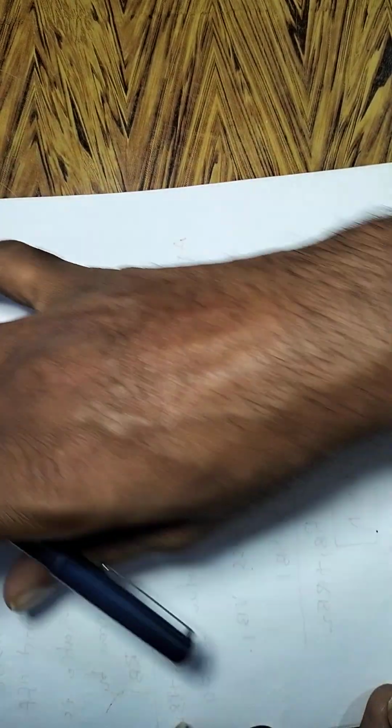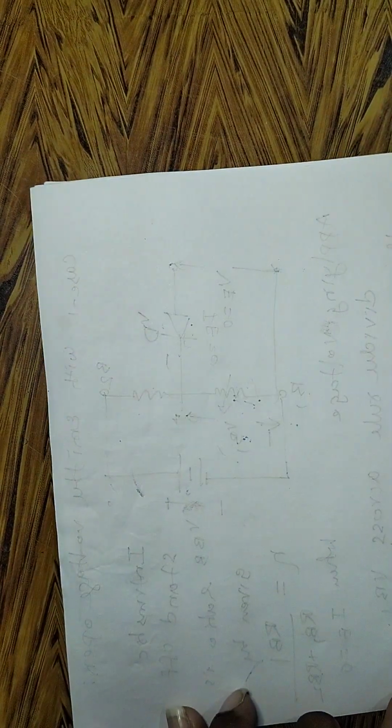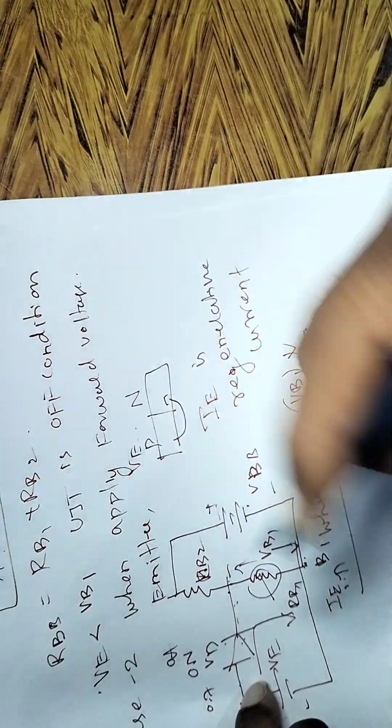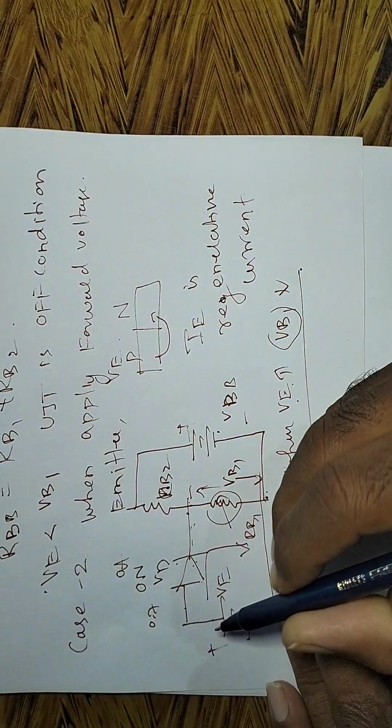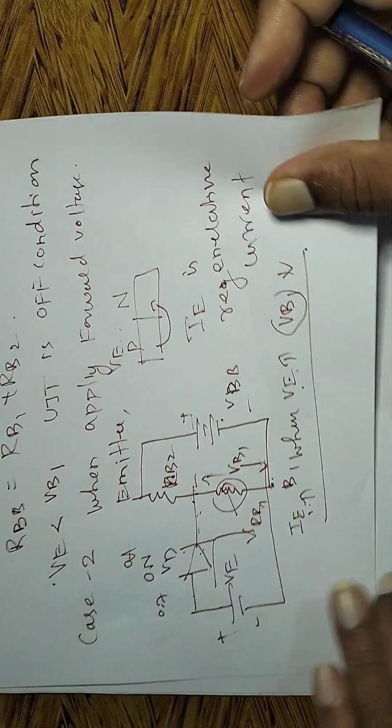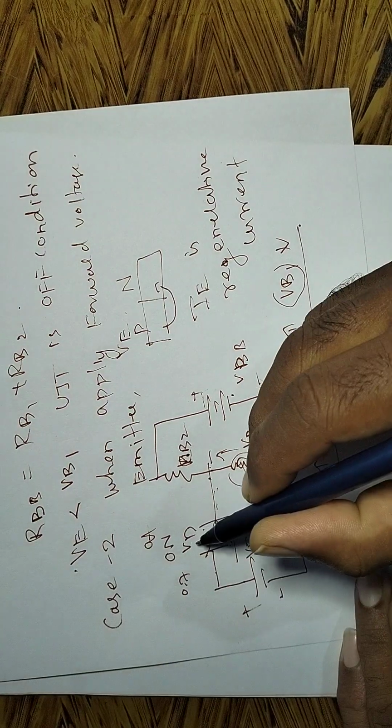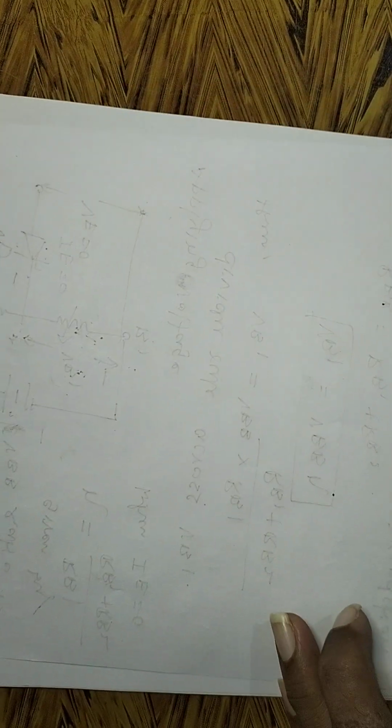Now further, in that case, what is the drop across here? That is, what is the peak voltage now? In that case, VE is equal to this voltage plus this voltage, right?